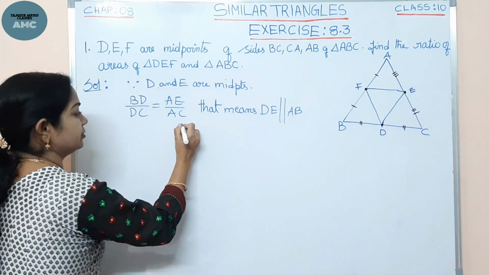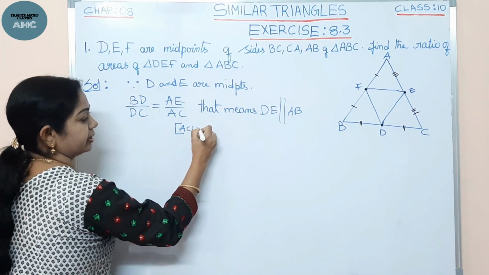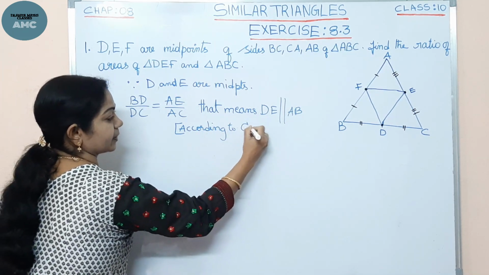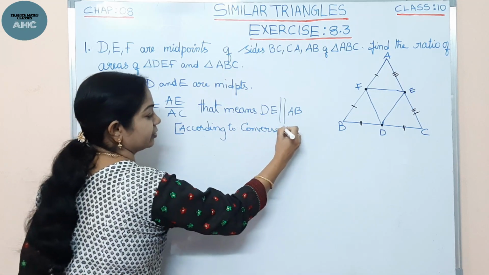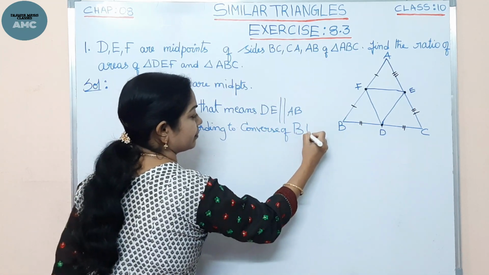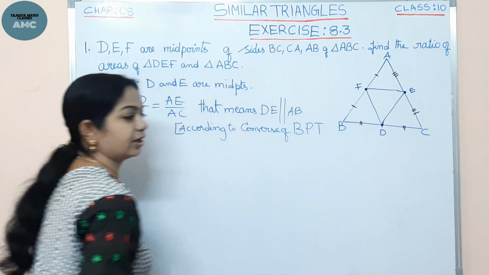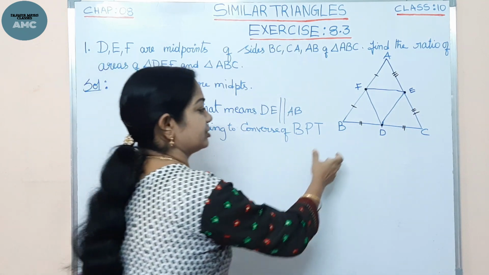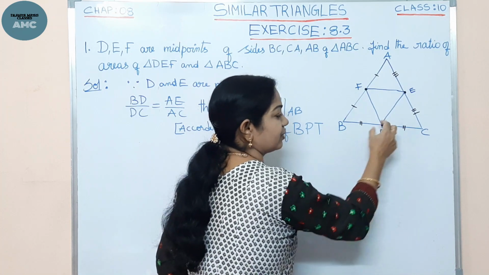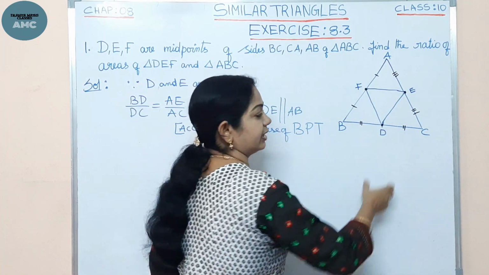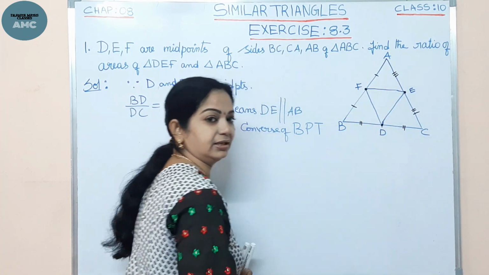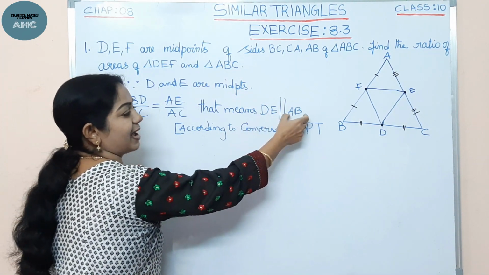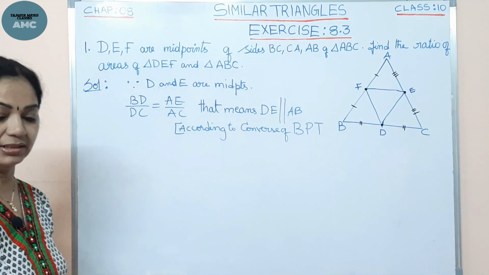How? According to the converse of the basic proportionality theorem, when the ratios are equal, because this is the midpoint, the third line, this line, is parallel to AB. That is the converse.